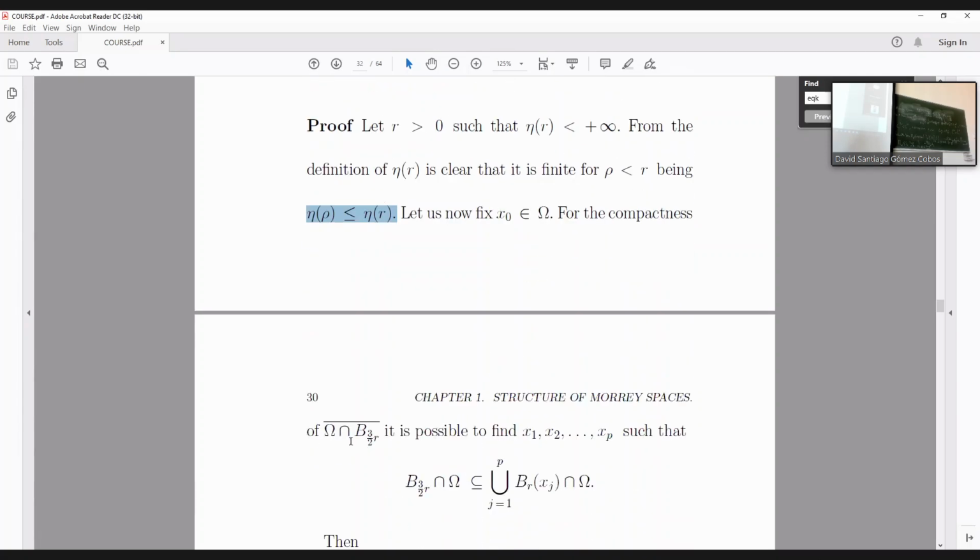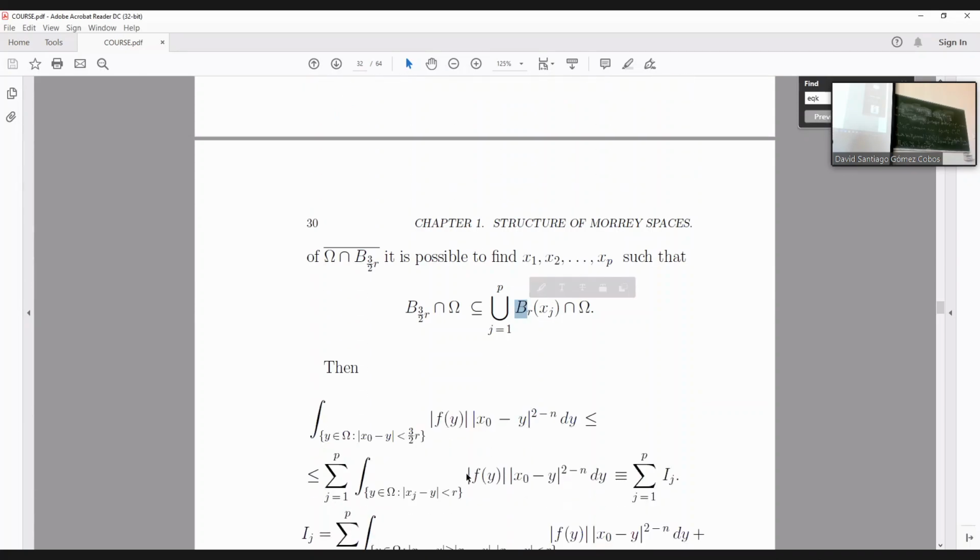Then, for the compactness of the space, for the closure of omega cap B of radius 3 over 2 r, it is possible to find x1, x2, up to xp such that the set omega cap B with radius 3 over 2 multiplied by r is contained in a union of p sets, omega cap B r of x1, x2, up to xp.